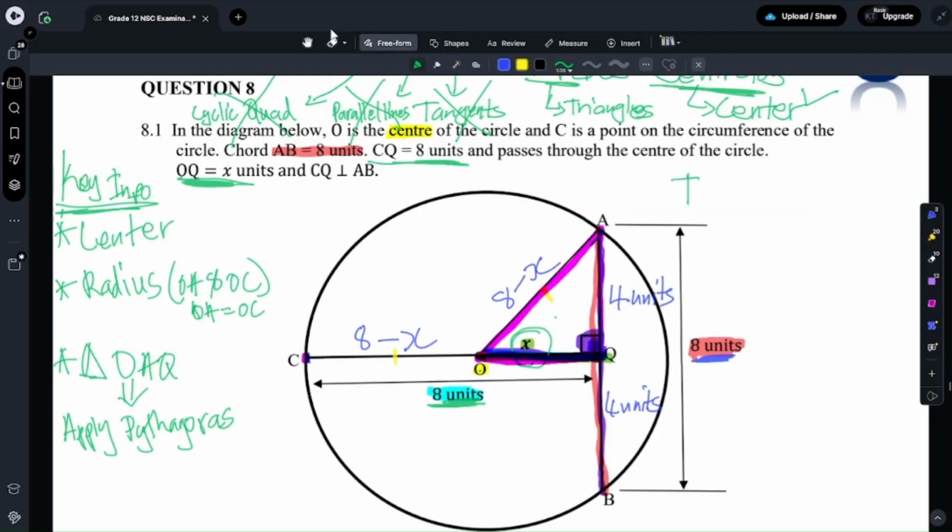So in triangle OAQ, note that OA is equal to 8 minus X, then OQ is equal to X, which is given unto us. Then this side AQ is equal to 4 units. So this is all 3 sides of triangle OAQ.